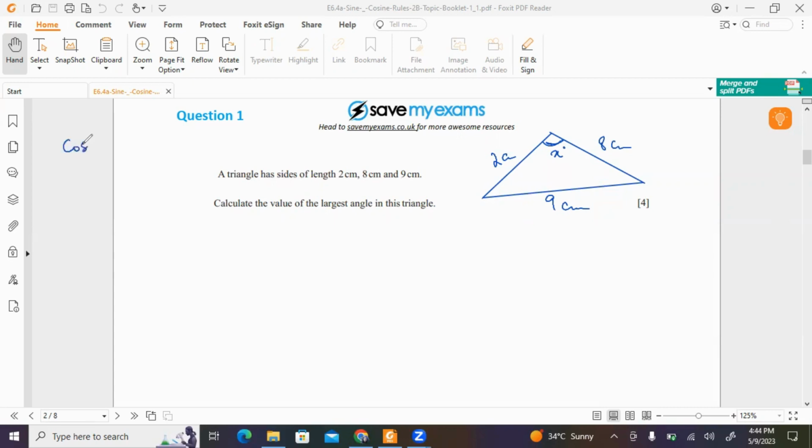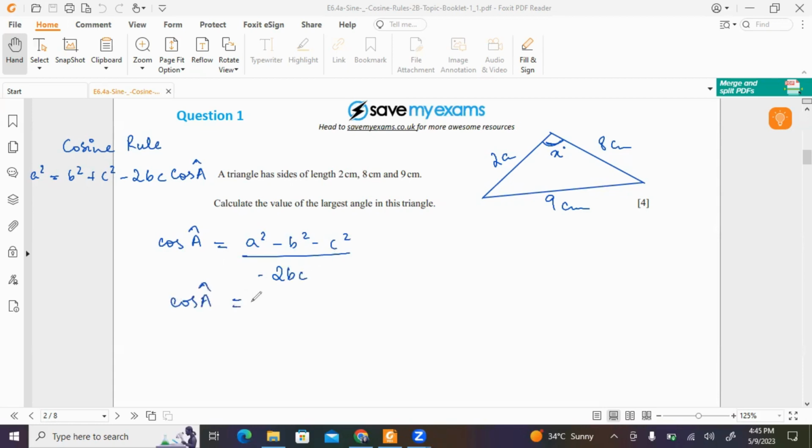Now, the cosine rule has the formula of a squared equals b squared plus c squared minus 2bc cos A, and this can be manipulated based on what the missing information is, whether we find the value of b, the value of c, or angles A, B, or C. In our case, since we need to find an angle, the formula we'll be using is cos A equals a squared minus b squared minus c squared divided by negative 2bc.